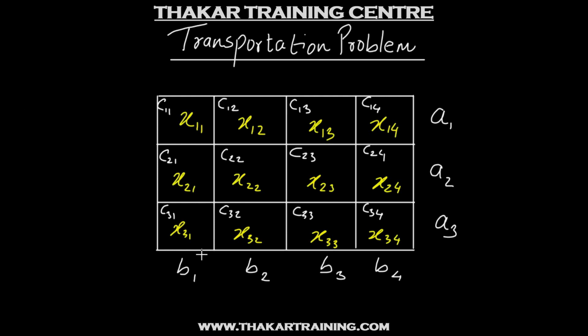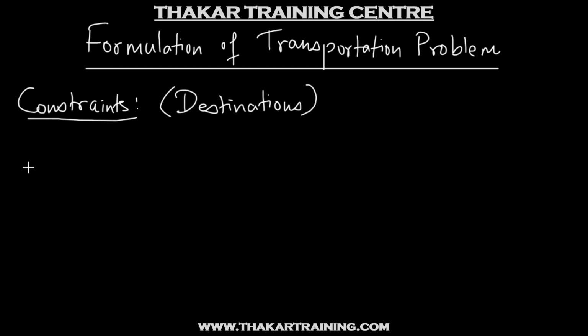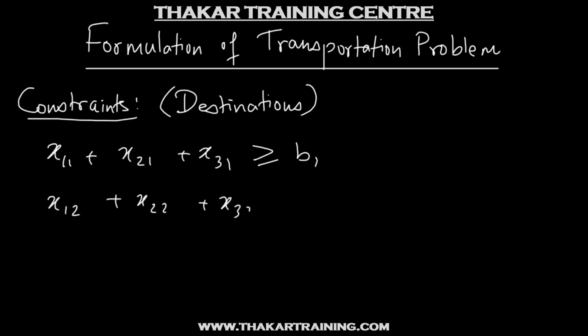So you want the demand at destination 1, that is B1, to be met. So we have to ensure that x11 plus x21 plus x31 is at least equal to B1. Similarly, for destination 2, x12 plus x22 plus x32 should be greater than or equal to B2.